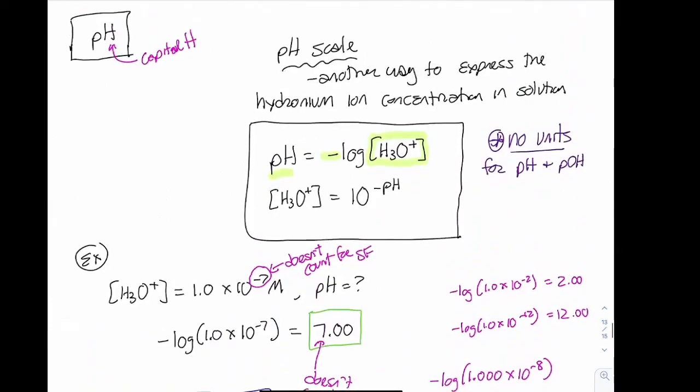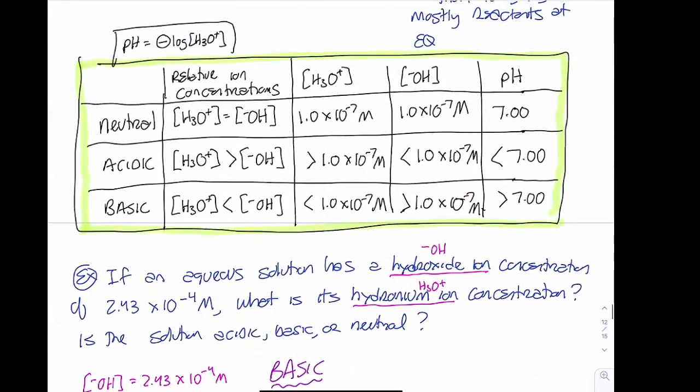We could actually add another column to this table if we wanted. We could add pOH. Again, it's going to be unitless, only values to the right of our decimal point are going to count for significant digits. If it's neutral, it's still going to be 7. Your pOH plus your pH are going to equal 14.00.